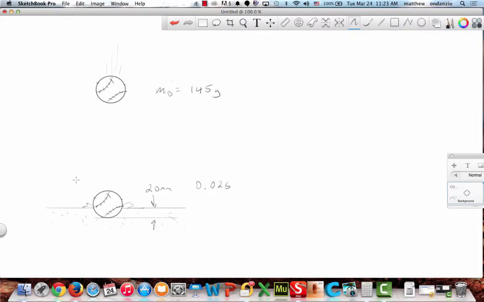It's going to come to full rest at 0.02 seconds from when it touches the sand.